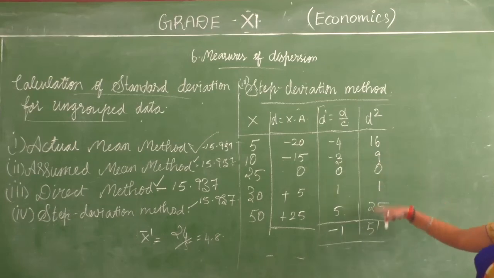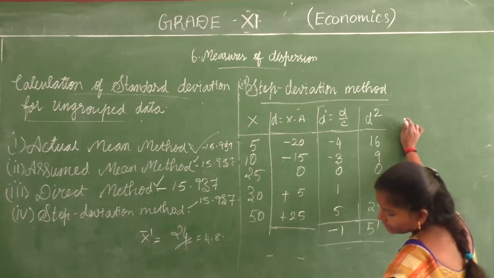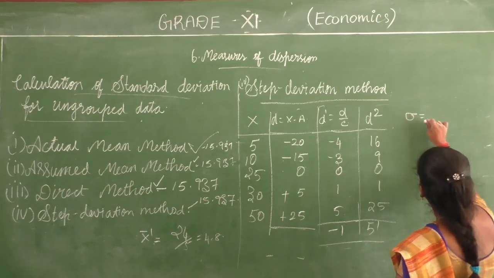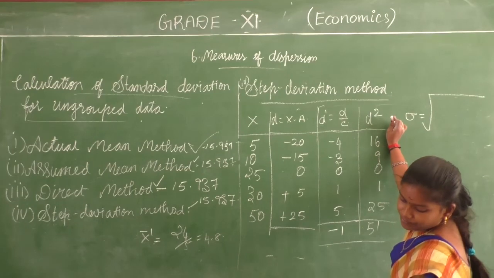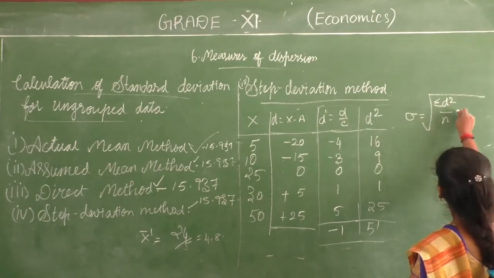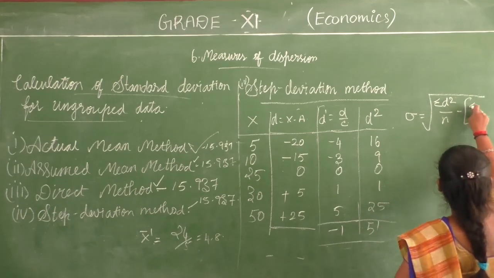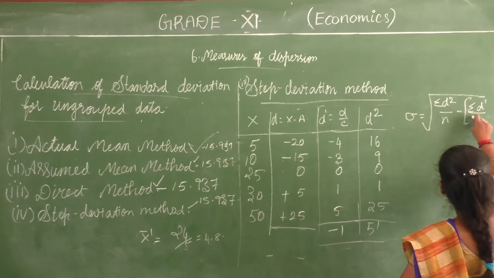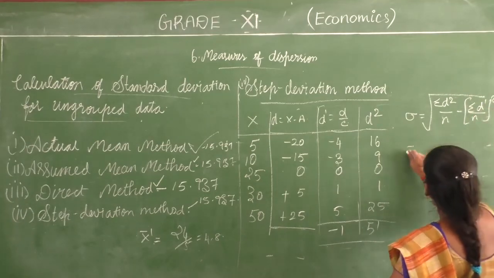This is your summation d square. And what is the formula going to be here? Sigma is the root of sigma d squared by n minus sigma d dash by n the whole square, into c.